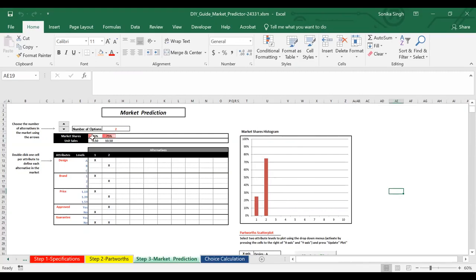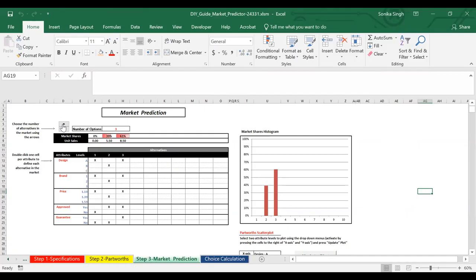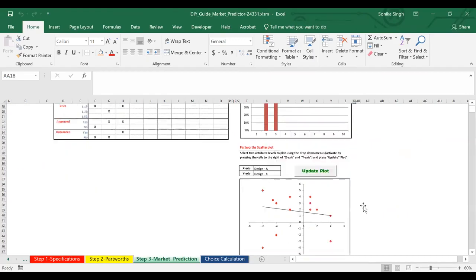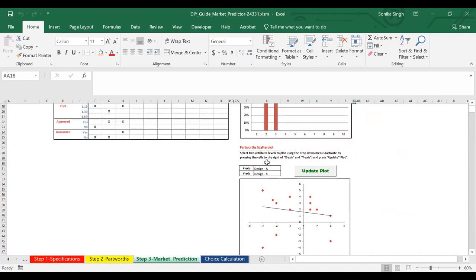Brand 1 is now 25% market share, and the second brand is 75% market share. So let me increase it back to 3.